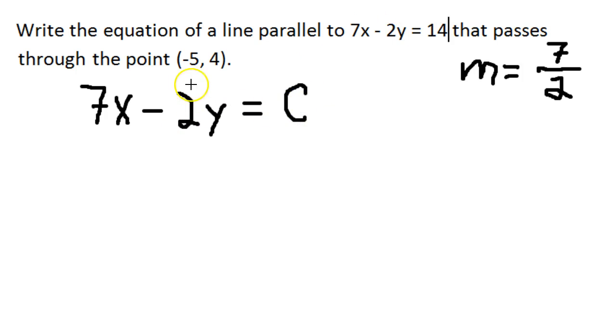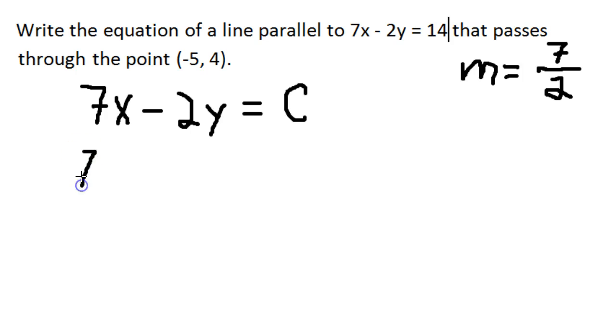In other words, the parallel line will have the same slope if the standard form of the equation has the same left side as the original line. Since we have 7x minus 2y in both cases, we know these two lines will be parallel. Now we're going to substitute in place of x and y the values that are in the given point.